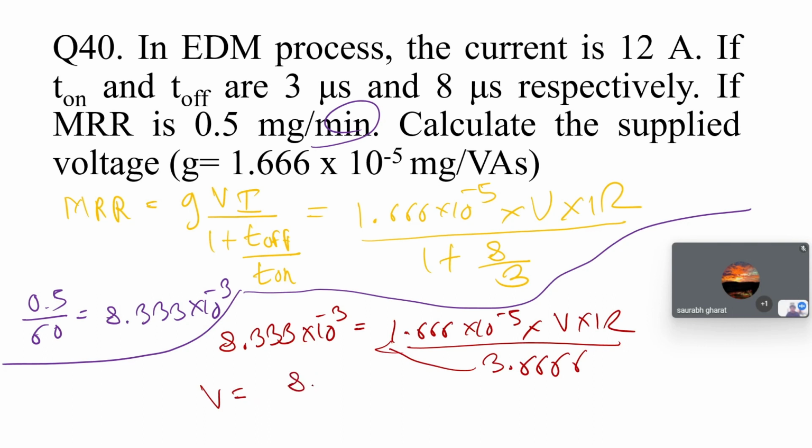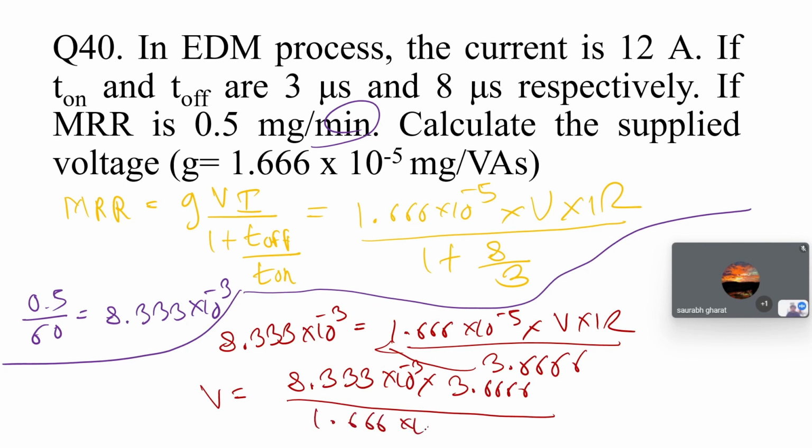So it will be 8.3333 raised to minus 3 into 3.6666 divided by 1.666 into 10 raised to minus 5 into 12. Okay, so everything you have here.